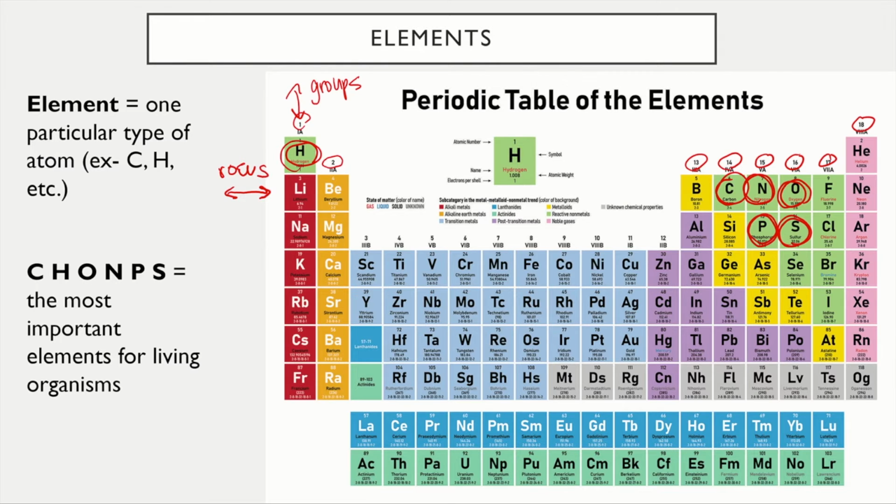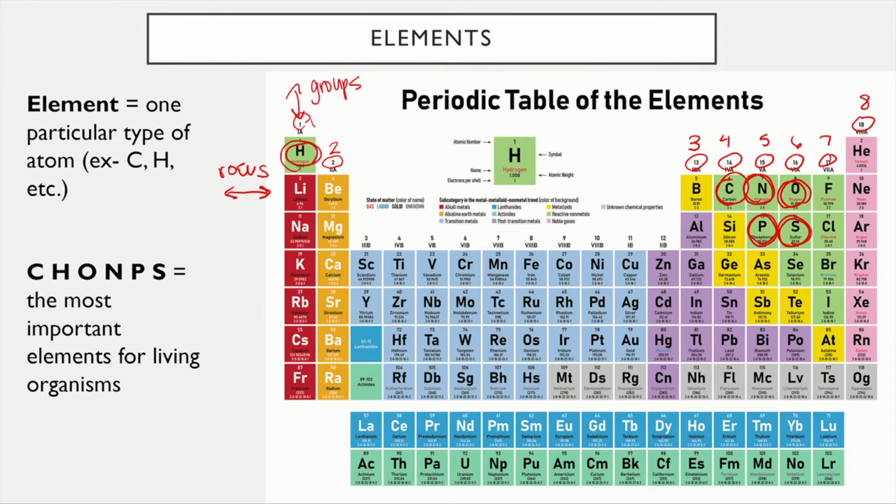Now remember, valence electrons are the electrons found in the outermost shell of electrons. So atoms in group 1 will have 1 valence electron. Atoms in group 2 will have 2. And we can fill out the rest of our valence electrons here.